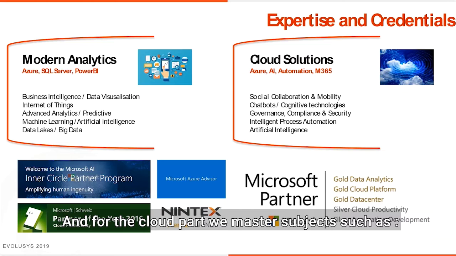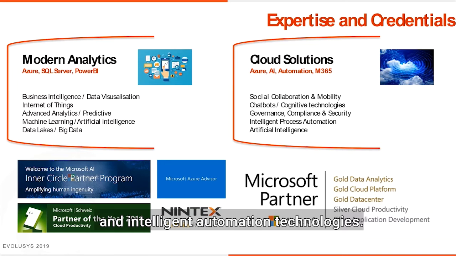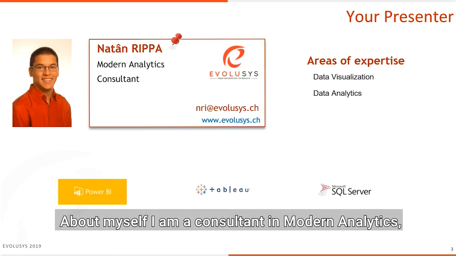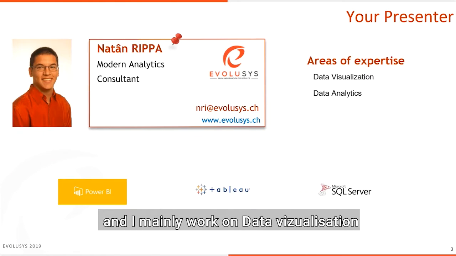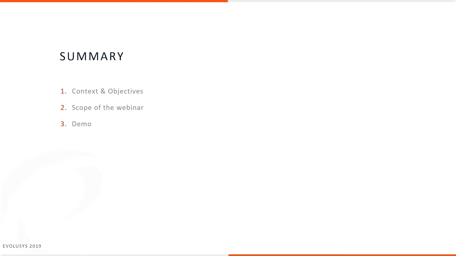And for the cloud part, we master subjects such as artificial intelligence, chatbots, and intelligent automation technologies. About myself, I am a consultant in modern analytics, and I mainly work on data visualization and data analysis with tools such as Power BI, Tableau, and SQL Server.